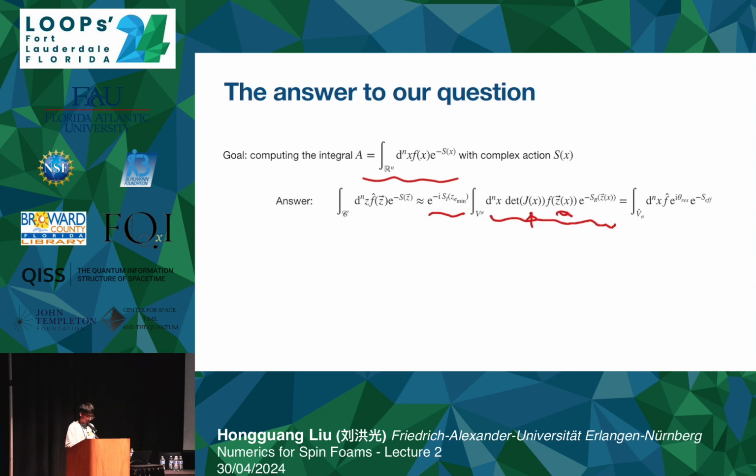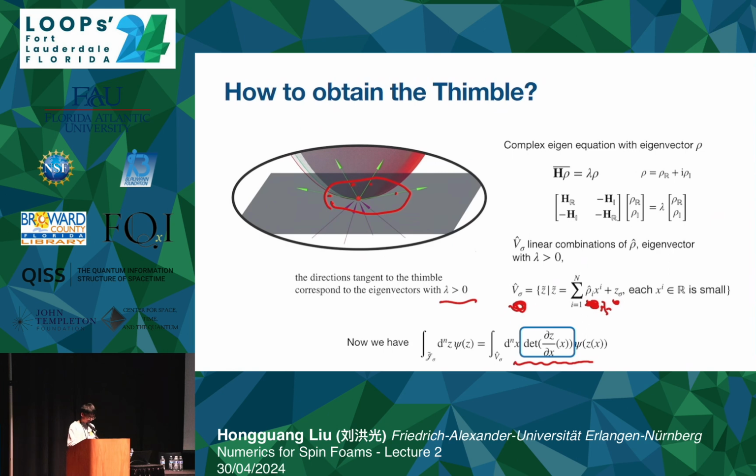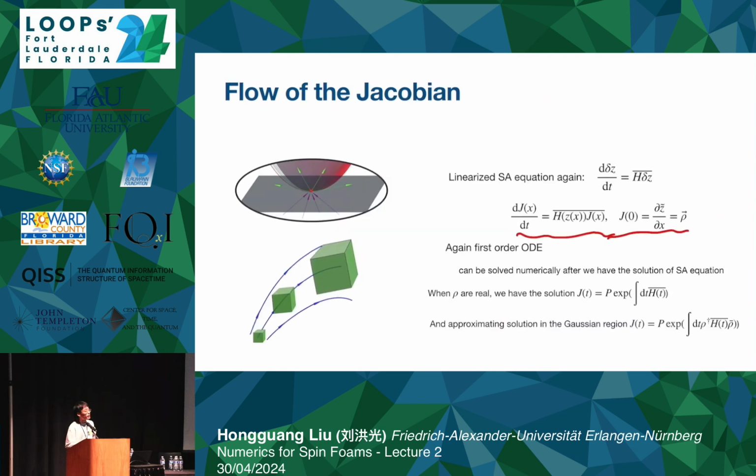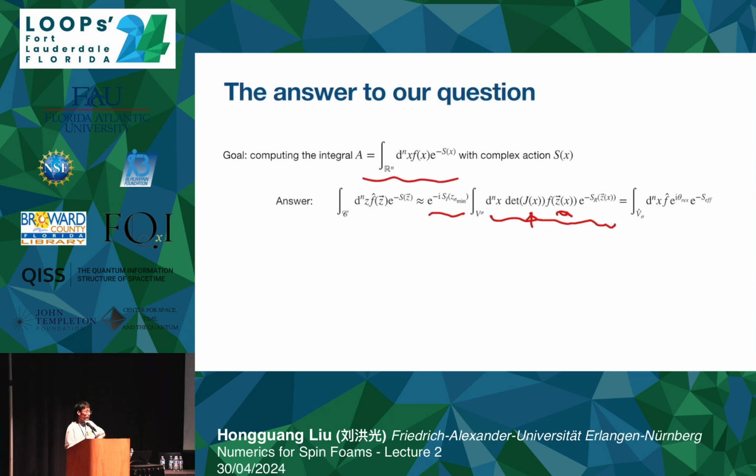And it's all determined by x, which is a coordinate on a plane around the critical points. So basically, we transform the original integration into an integration on a region around the critical point. And this region is given by the positive eigenvectors of the Hessian matrix. Okay.